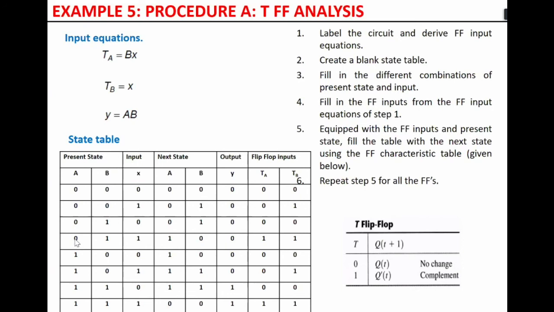Now, if the present A is 0 and TA is 1, what will be the next A? We see when T is 1, it toggles, it complements. There was a 0, so if it complements, you will find a 1 there. 0 toggles to 1. How did you know that? You looked at the value at TA, and this table told you how the flip-flop behaves: when T is 1, the next state will be the complement of the present one. That is why you've got a 1 there.